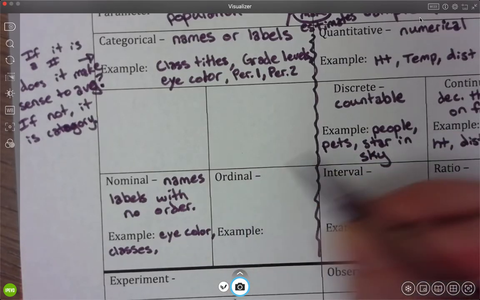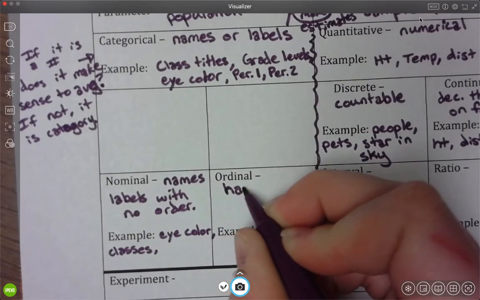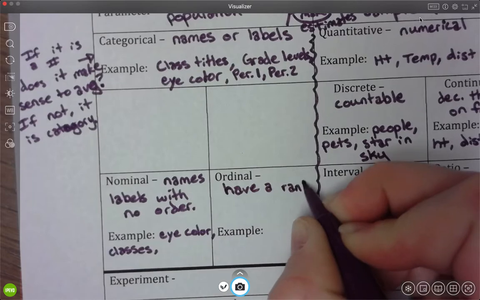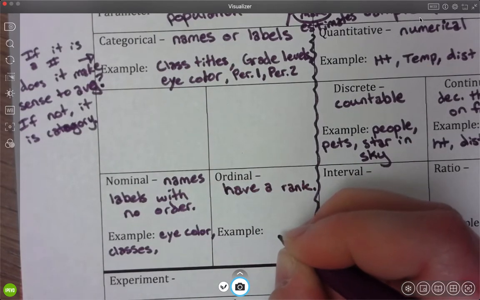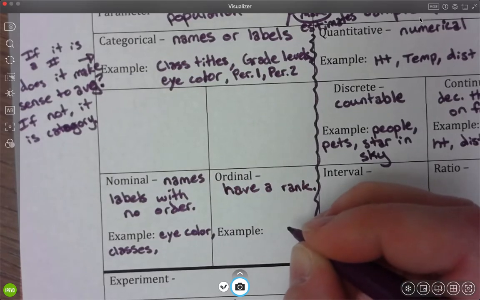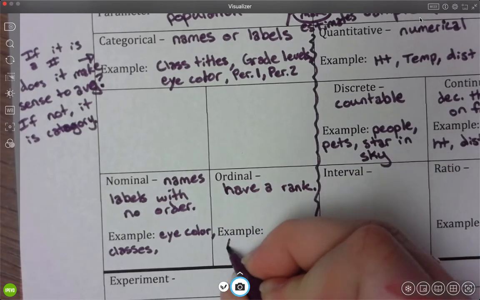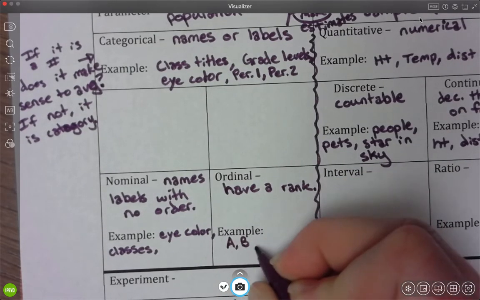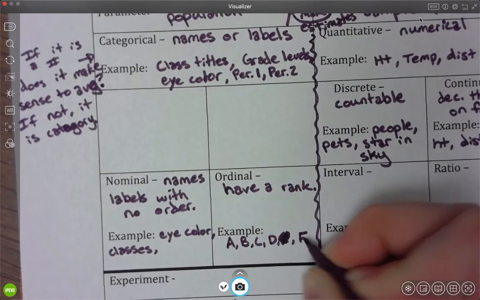Ordinal would mean they have a ranking. Have a rank. Okay, so examples would be, well, let's see, what they did for ordinal. Ordinal: A, B, C, D, E, or A, B, C, D, or F for grades.